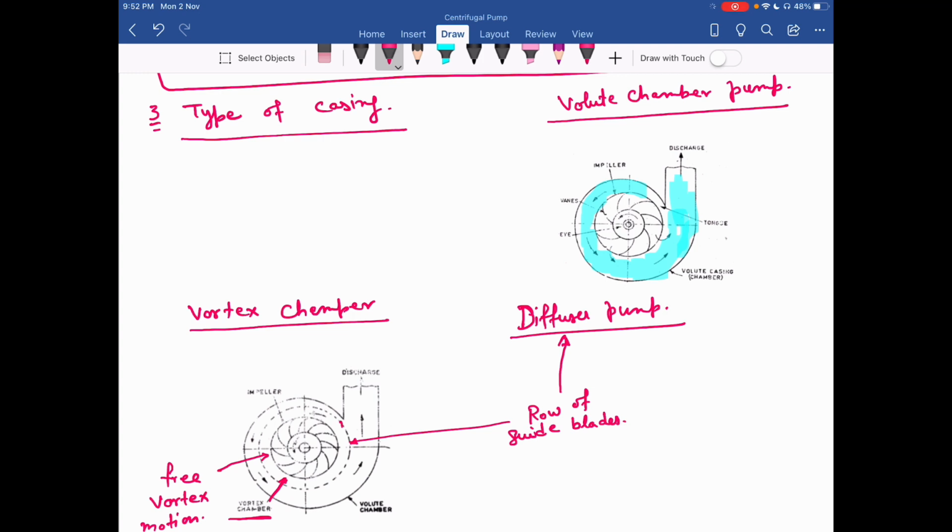It further reduces the losses in the pump. Now, the construction of this diffuser pump is similar to that of a reaction turbine.